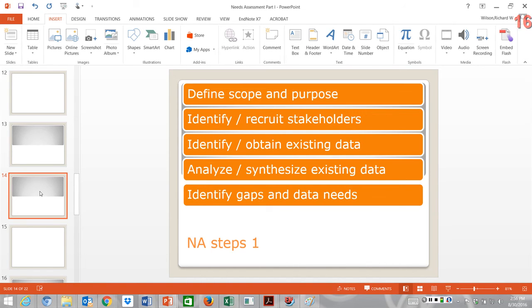Next step, we want to identify stakeholders. Stakeholders are people who have a reason to care about what you're doing. And so these are people that would have an interest in the results of the needs assessment, and furthermore might be interested in working with those results to get engaged themselves or on behalf of their agency.